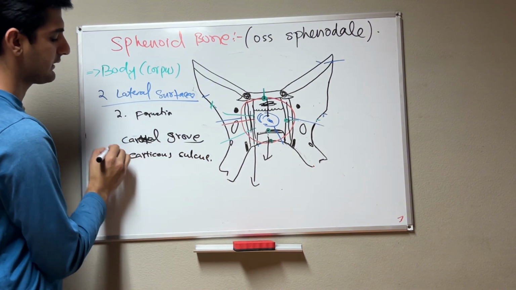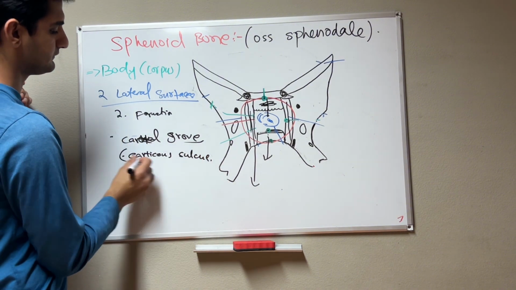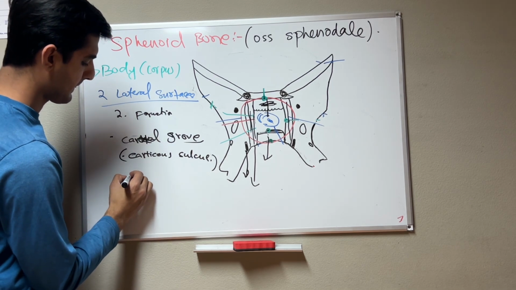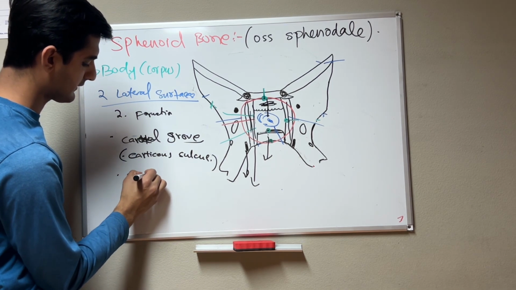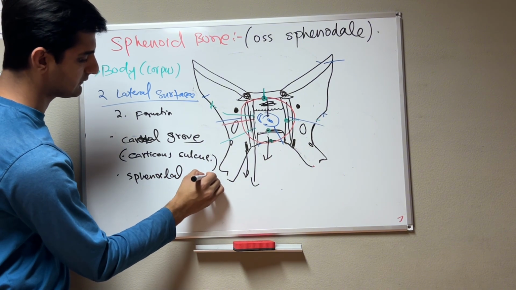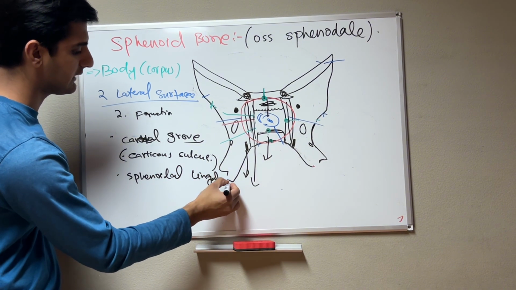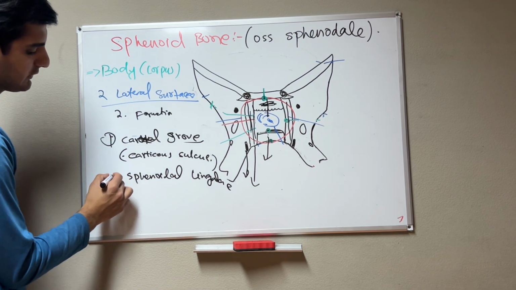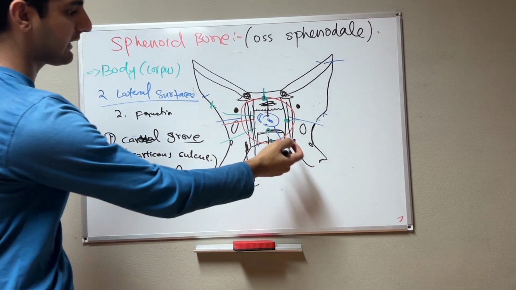Okay, caroticus sulcus or carotid groove. And the second formation is the sphenoidal lingula, or lingulae in Latin. Okay, two formations on both lateral surfaces.